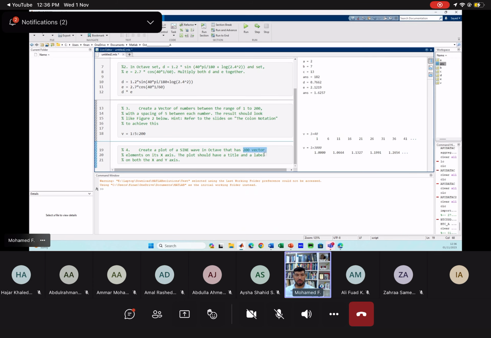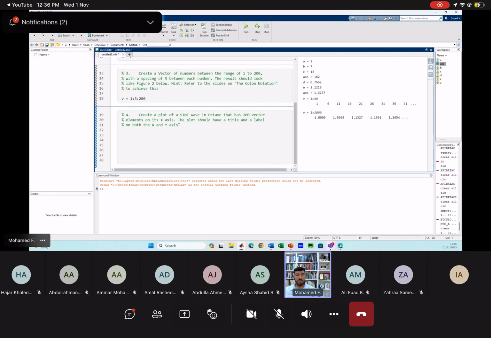So if we come to this question, it asks to create a plot of a sine wave in Octave that has 200 vector elements on its x-axis. The plot should have a title and a label on both x and y. So how to do that? First, we have to create a vector. Let's call it x. x equals linspace.